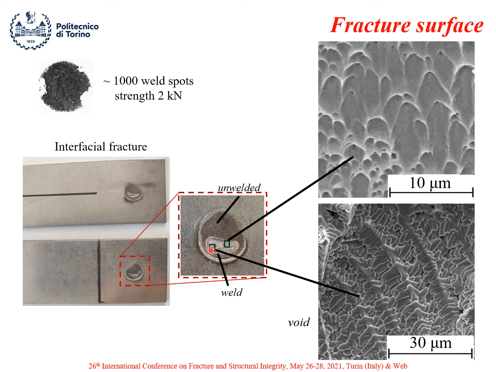The fracture also in this case is ductile, even if there is always in all the cases that we found in such condition of the electrode wear some voids. Particularly here you can see the surface of an internal void that is characterized by the typical dendrite microstructure due to the solidification of the nugget at the end of the joining process.